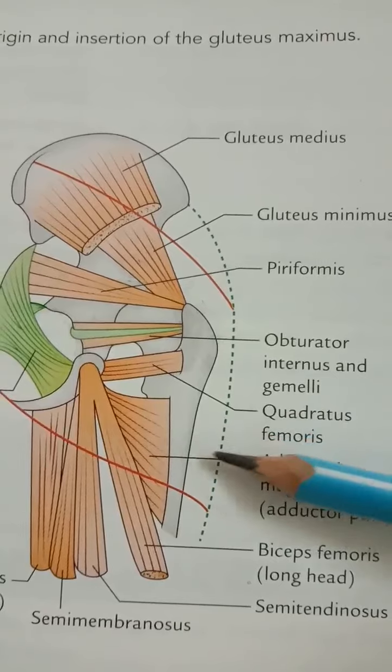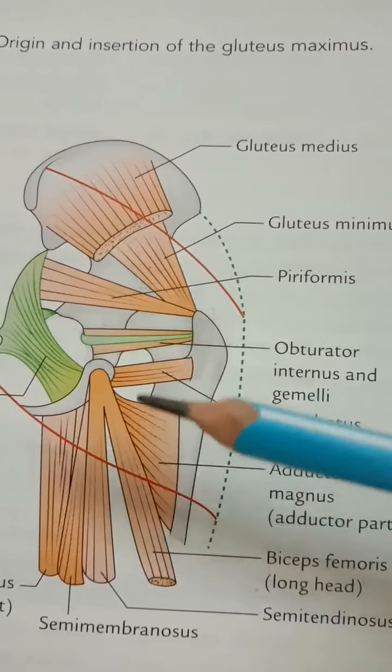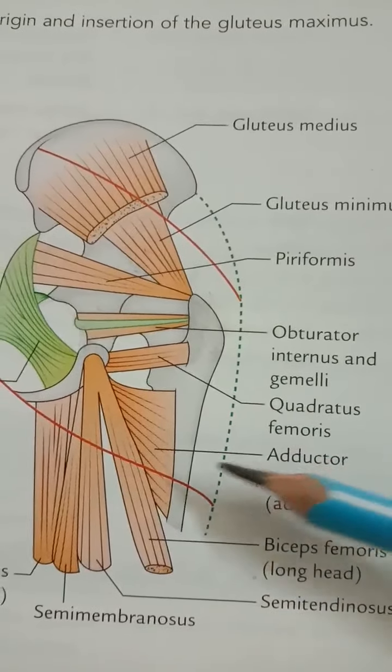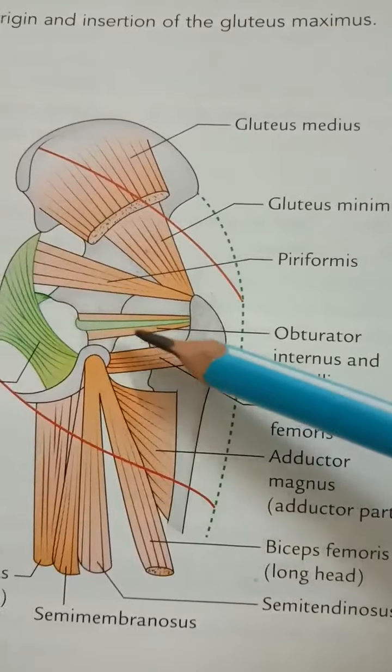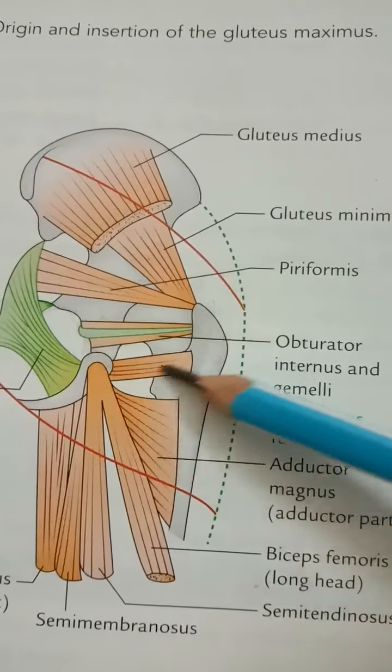This muscle is quadrilateral in shape and present between the inferior gemellus and the adductor magnus. So here you can see the adductor magnus and this is the inferior gemellus muscle. Between these, the quadrilateral muscle is present.